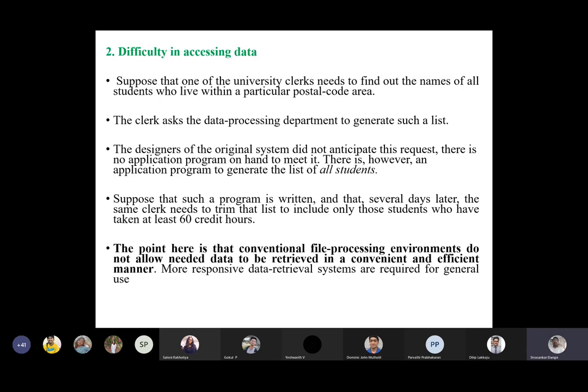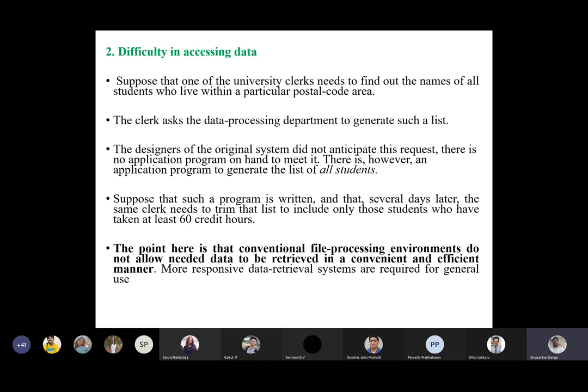The second disadvantage in a file processing system is difficulty in accessing the data, right? For example, in a university, a clerk needs to find the names of all students who live in a postal code or a particular area. The clerk requests the data processing department to generate a list, right?